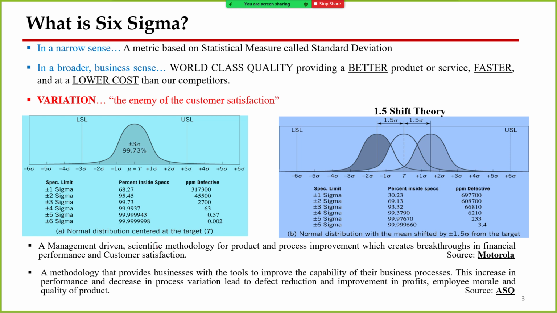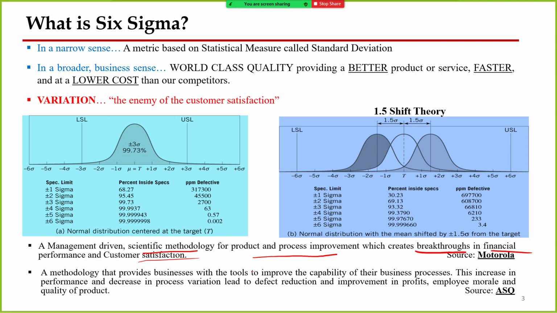It's a scientific methodology which is used to improve our processes. So that means it is used for process improvement or product improvement. And it is a breakthrough improvement strategy, which means whenever we implement Six Sigma, we are able to get a significant improvement financially and in terms of customer satisfaction.